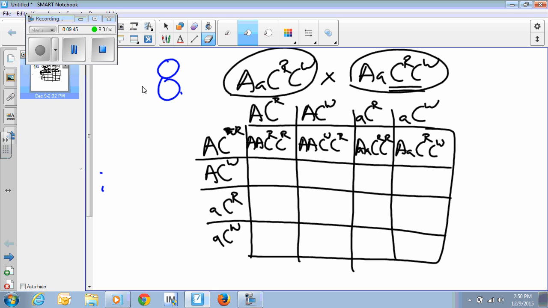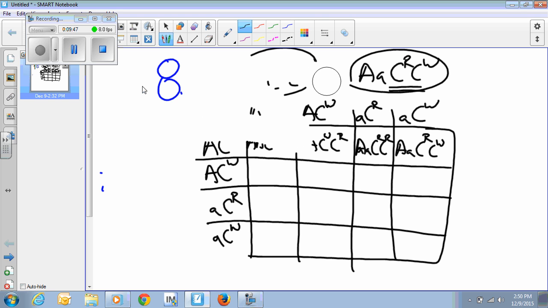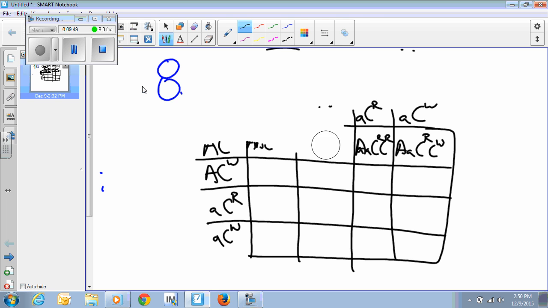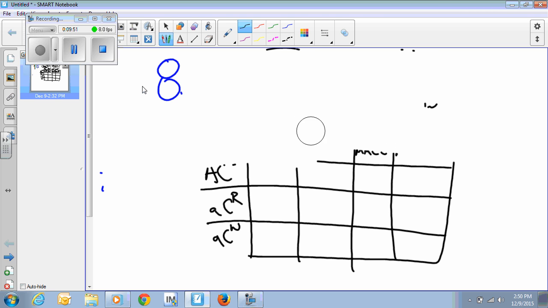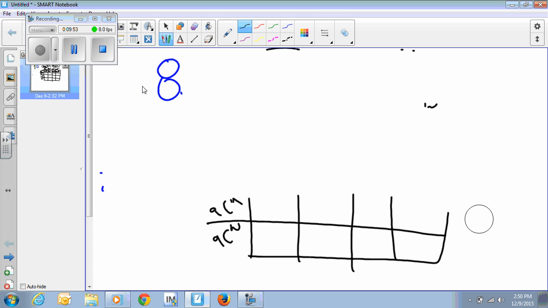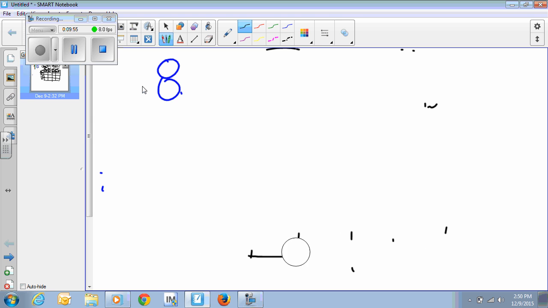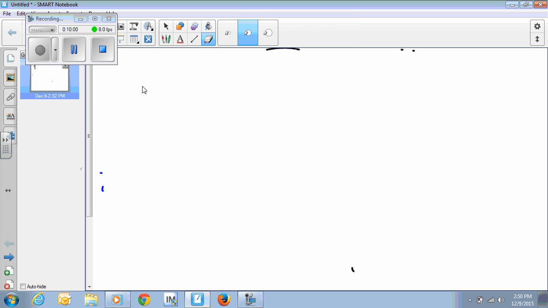Okay, so that's number 8. Let's go through number 9. Sesame seed lights. Now it tells you the conditions.